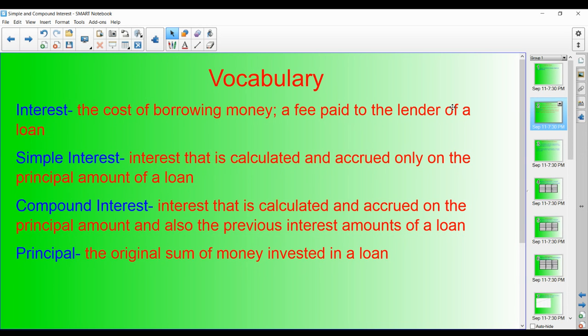So as my money increases, so does my interest. So that's why they tell you to invest in compound interest accounts early on so that it has time to grow and then grow on top of that and keep building, and it increases in an increasing fashion. And principal is how much money you put in at the beginning, the original sum of money.